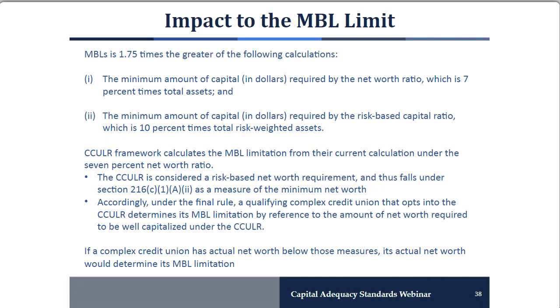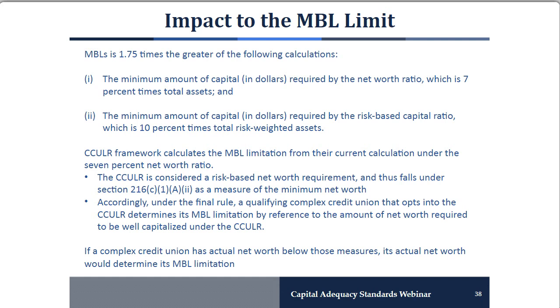For complex credit unions, the establishment of the credit union's ability to opt into the CULR capital framework creates an additional option for the credit union and an additional measure in determining the MBL limit. Accordingly, under the final RBC rule, a qualifying complex credit union that opts into the CULR determines its MBL limitation by reference to the amount of net worth required to be well capitalized under CULR, which is 9% of total assets.